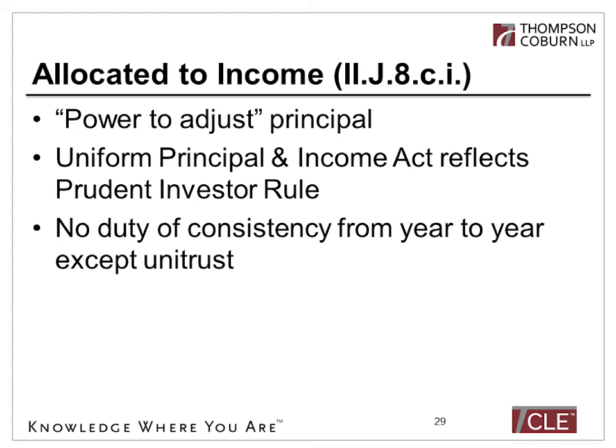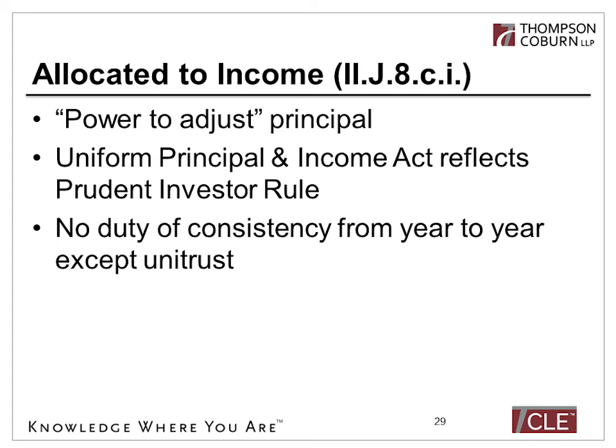And if the capital gain is actually distributed to the income beneficiary, it seems fair to tax it to them. So the Uniform Principal and Income Act generally allocates capital gain to principal, but the exceptions to that are this power to adjust as well as the power to convert the trust to a unitrust.